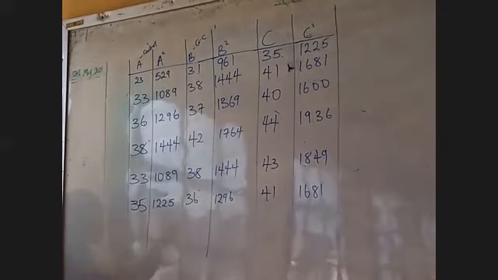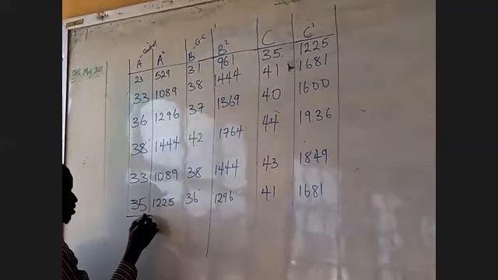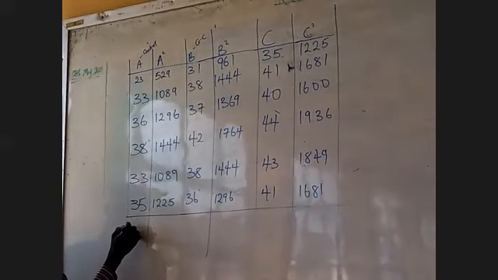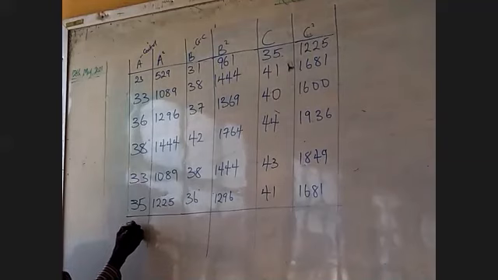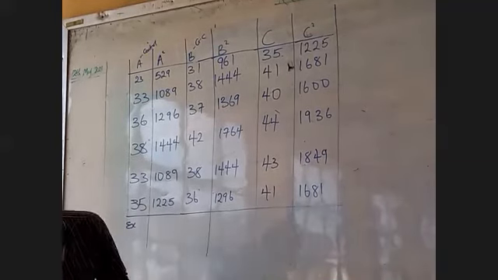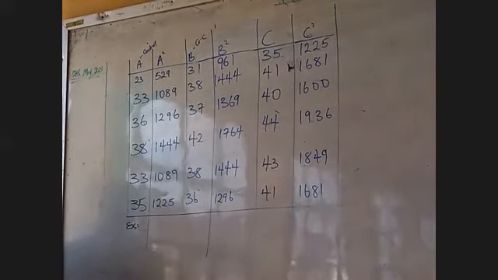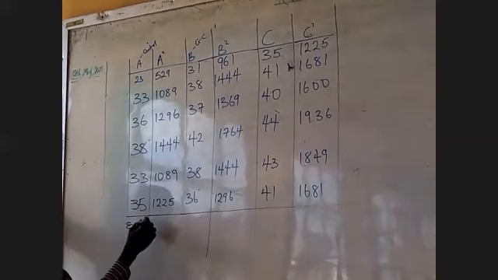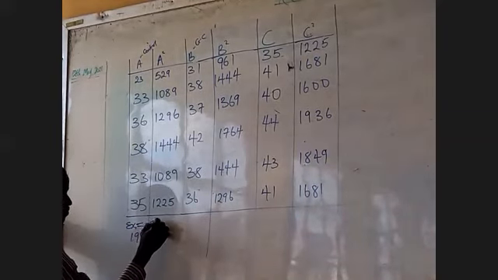So we'll find the summation of everything now. So this is summation X, because of our formula. Summation X1. What's the summation? So let's do summation X square now.